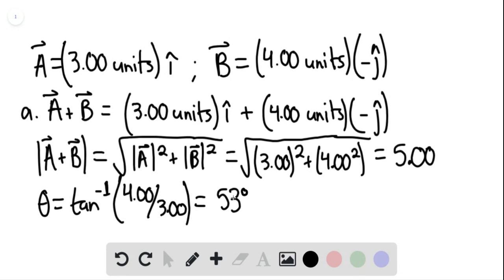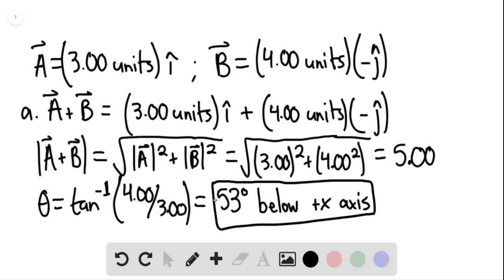Now, remember, you have a positive x and a negative y, so you're actually in the fourth quadrant, where, again, we have a positive x, negative y, so you're going to be 53 degrees below the positive x-axis in order to place us in that fourth quadrant. So this would be the direction, and then this would be the magnitude of the resultant vector.